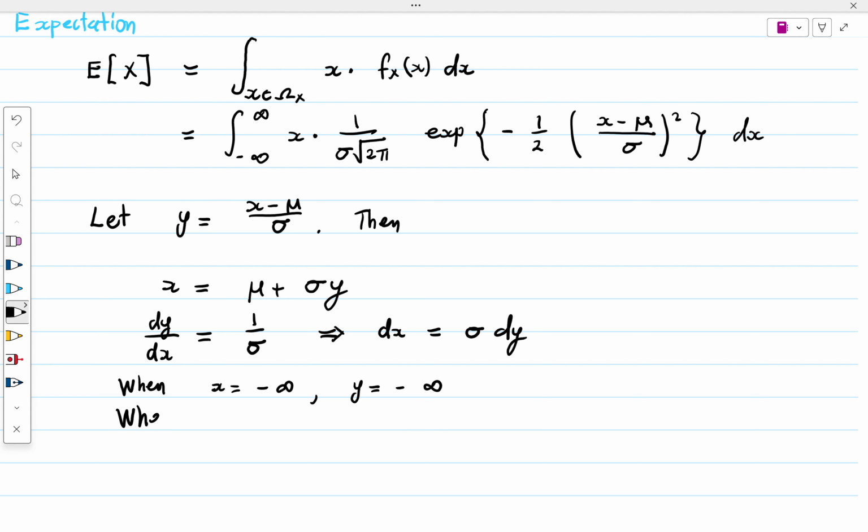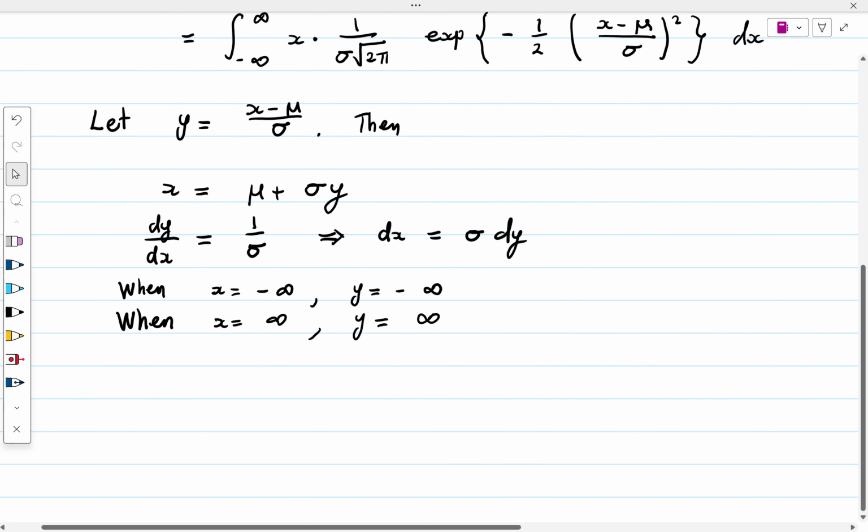And by the same logic, when x is equal to infinity, y will equal infinity, again because subtracting a constant term and dividing by a constant term will still end up with infinity, because infinity, of course, is so big.